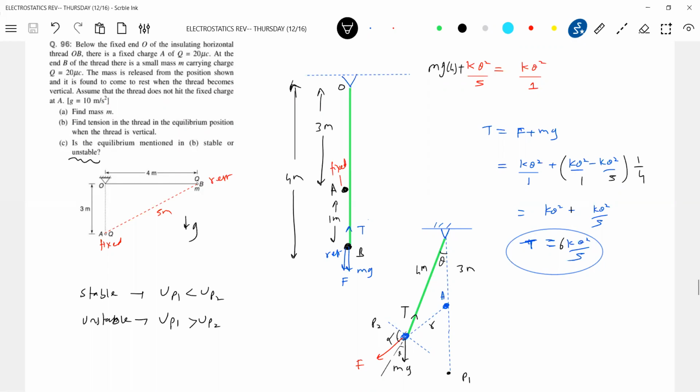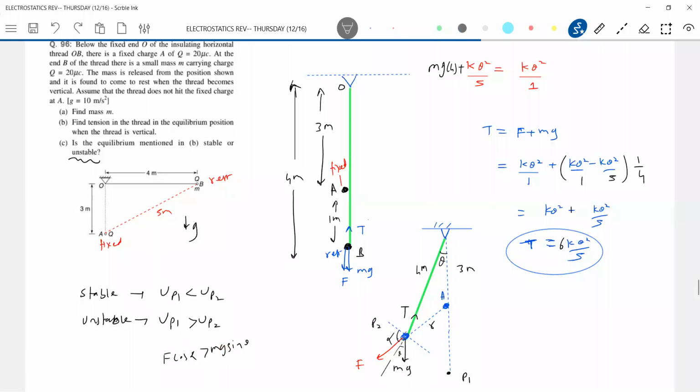So we'll undergo retardation. So the net force will be towards left, along this direction. This is what happens. We have to compare this much here. If F cos alpha is greater than mg sin theta, unstable. F cos alpha less than mg sin theta will be stable.